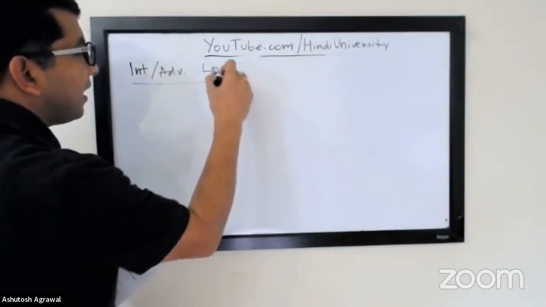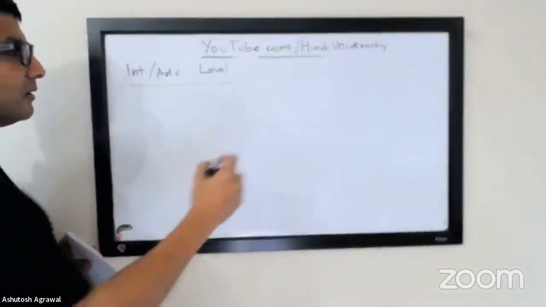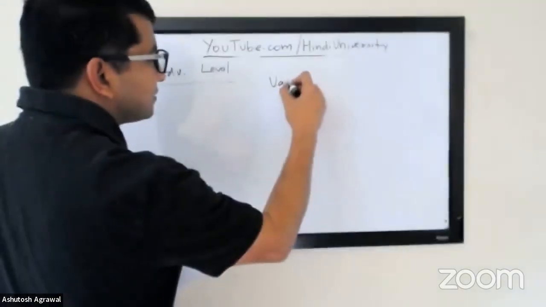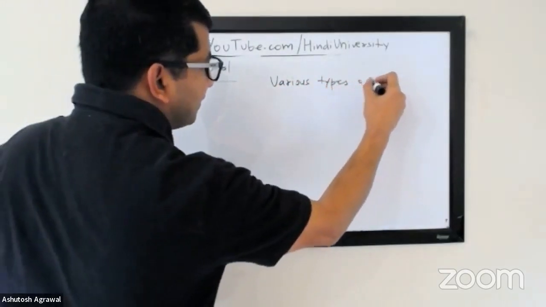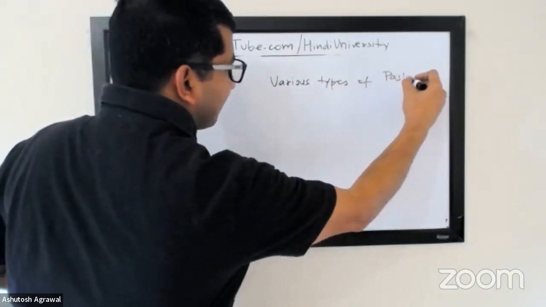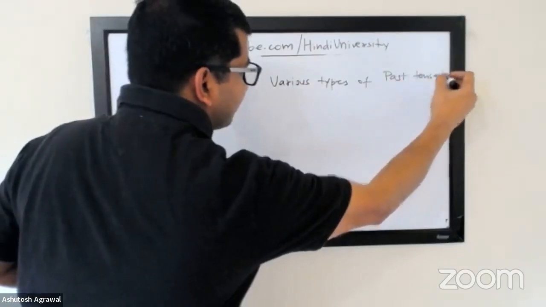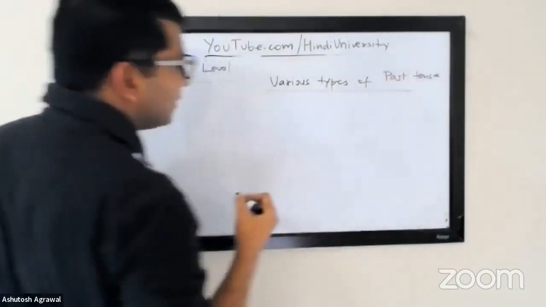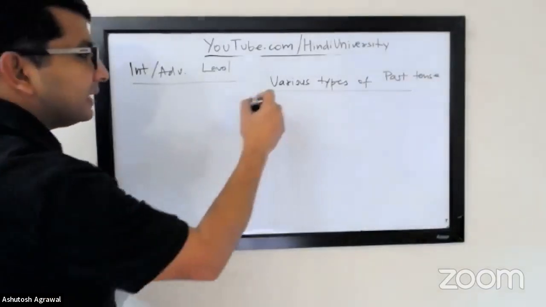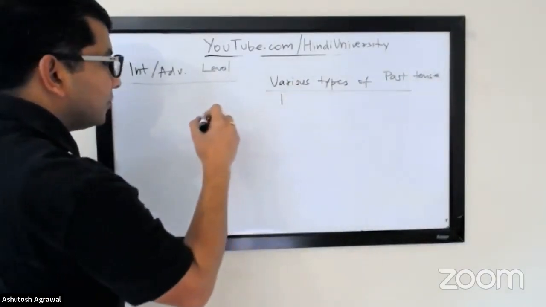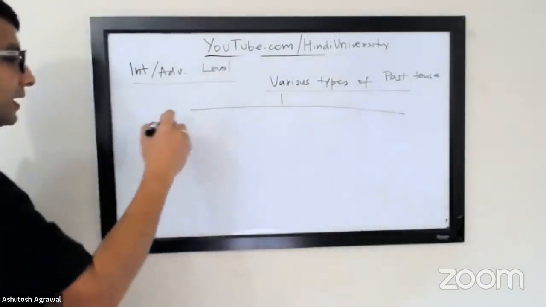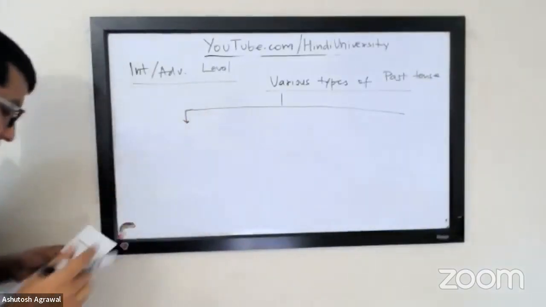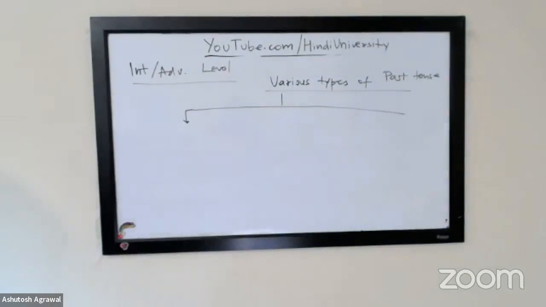Not because it's hard, but because we are trying to compare various types of past tense in Hindi. First we'll talk about that in English, then we'll discuss how to say something in Hindi. Let's say the question, and this is the question for everyone.